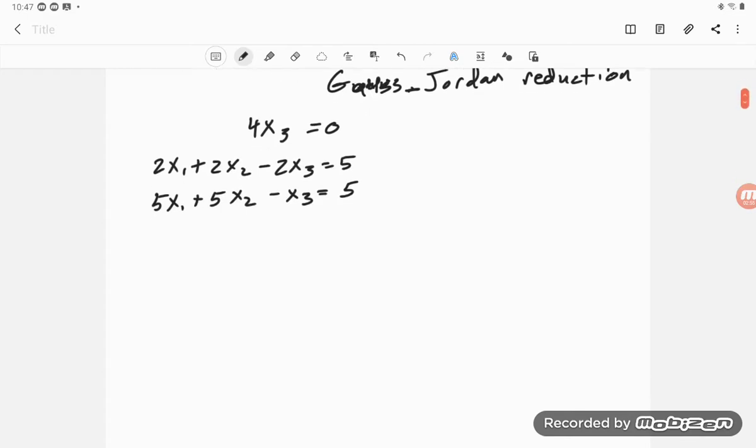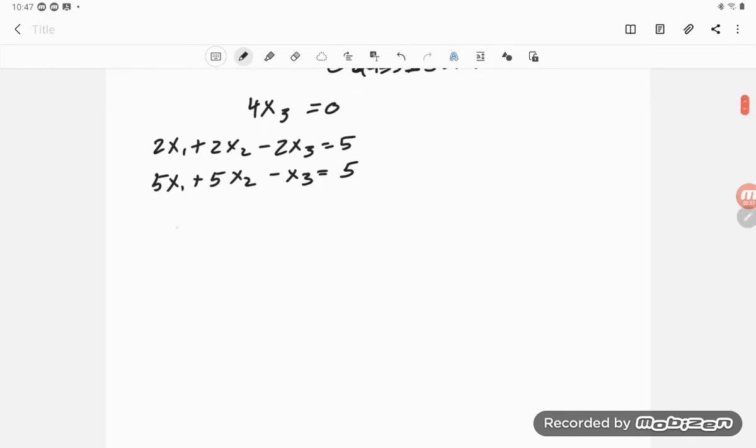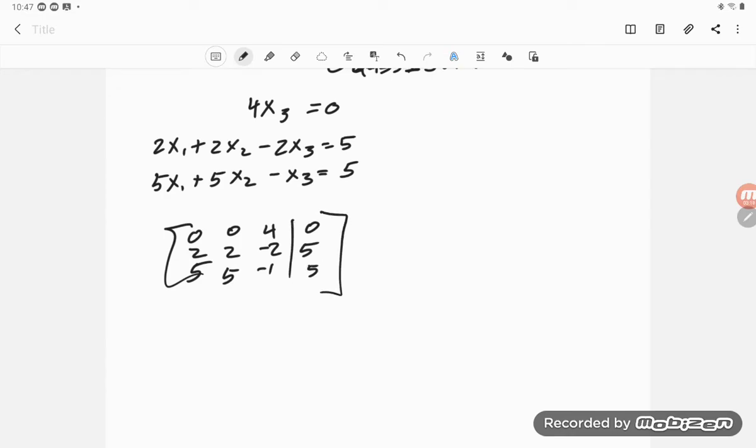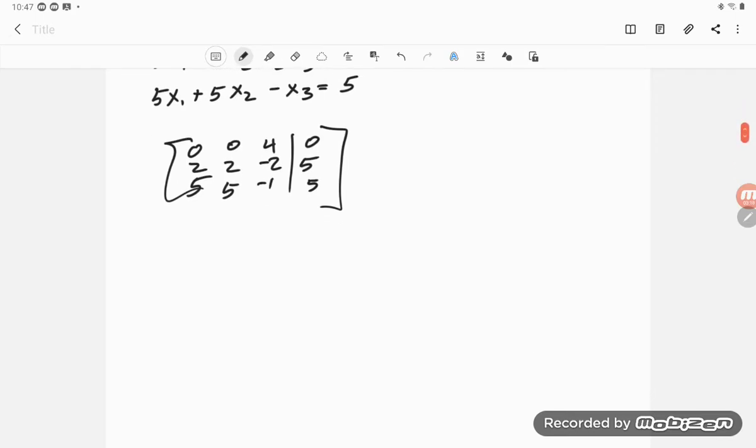Now I can turn that into an augmented matrix: 0, 0, 4, 0; 2, 2, minus 2, 5; and 5, 5, minus 1, 5. So there's my augmented matrix. And what I want to do is get this into reduced row echelon form.